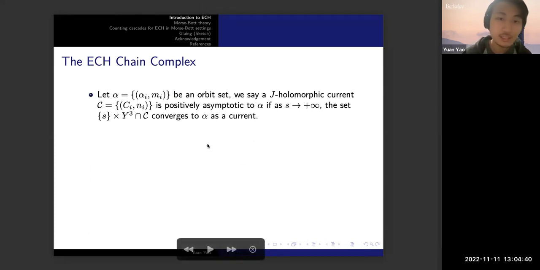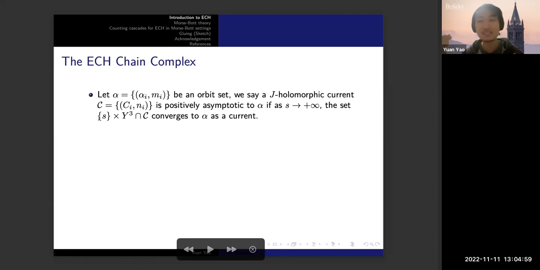If you have an orbit set, we say a J-holomorphic current, script C, is positively asymptotic to alpha at s equals plus infinity if it converges to alpha as a current. How do I say this more precisely?